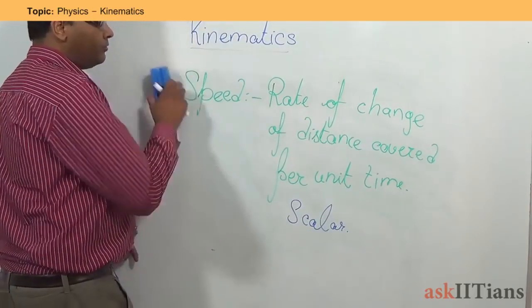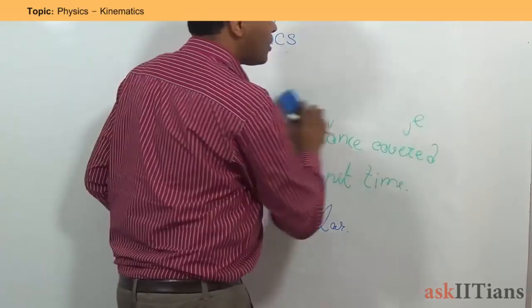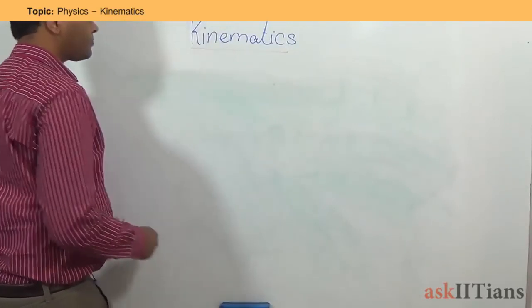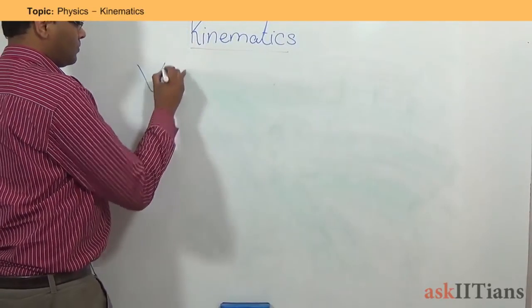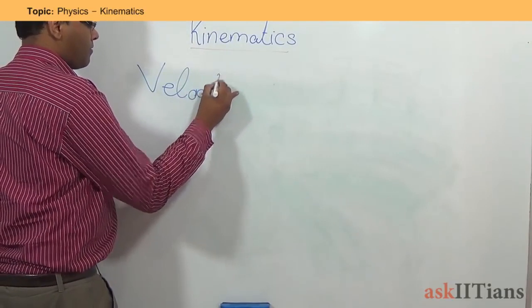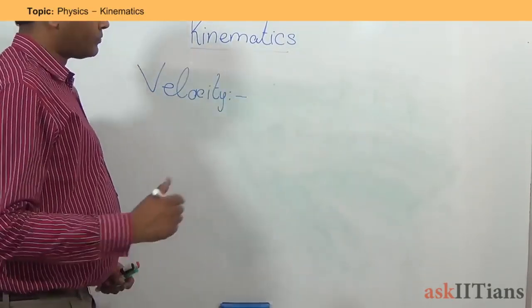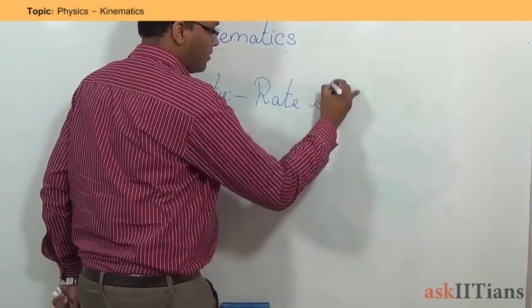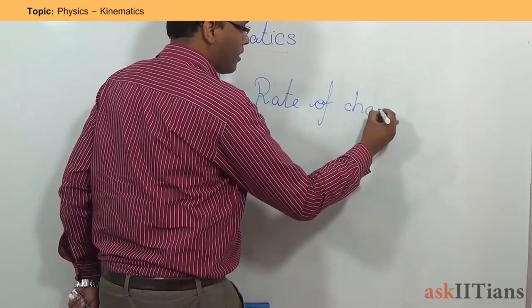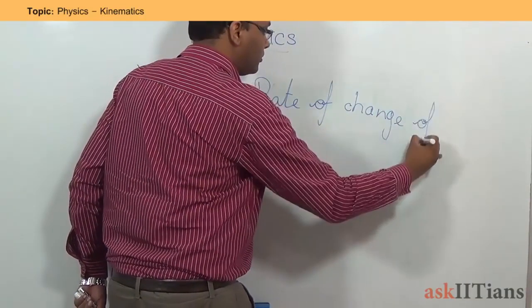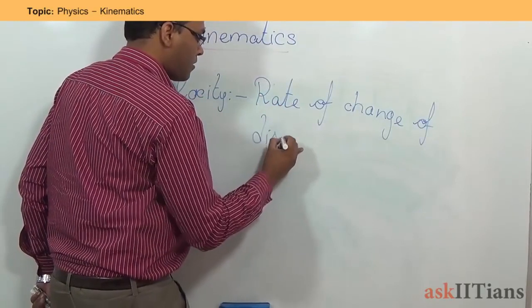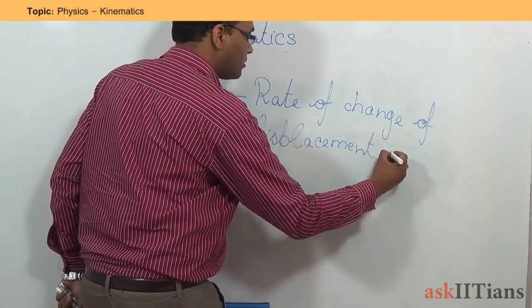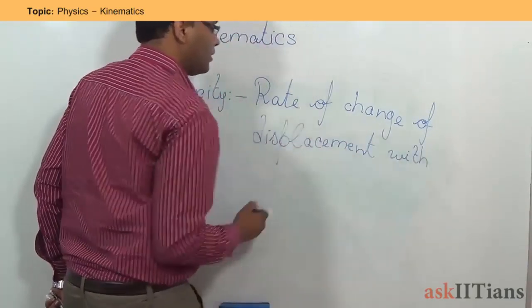Now its analogous value is what is known as velocity. So what exactly does velocity stand for? Let me explain that. Velocity is defined as the rate of change of displacement with time.